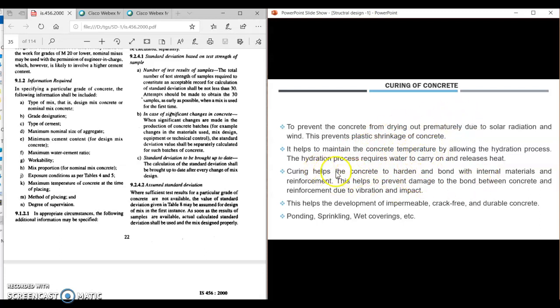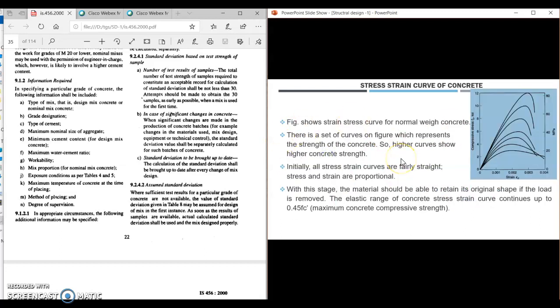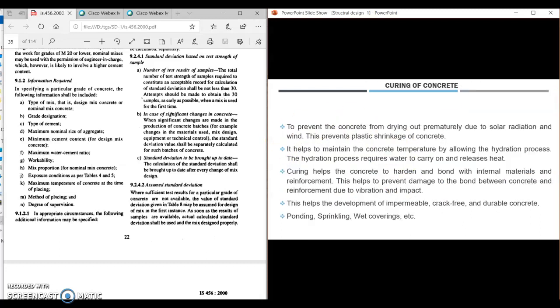Curing also helps the hardened concrete, and the bond between the internal materials like aggregate and cement. It also prevents damage to the bond between the concrete and reinforcement. It helps to get an impermeable, crack-free and durable concrete.